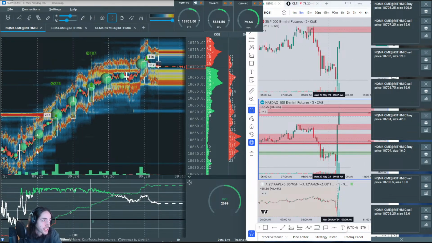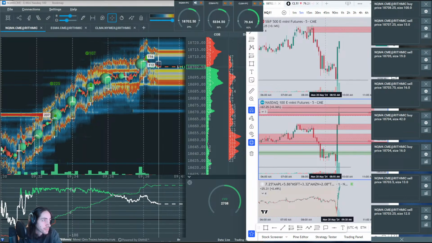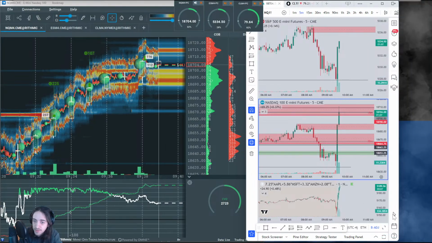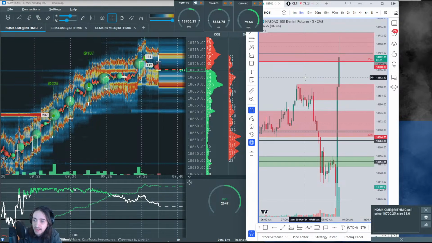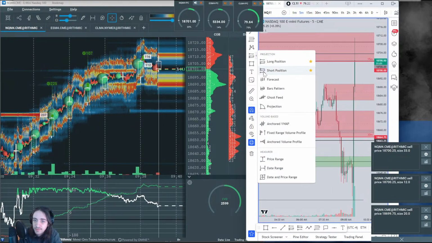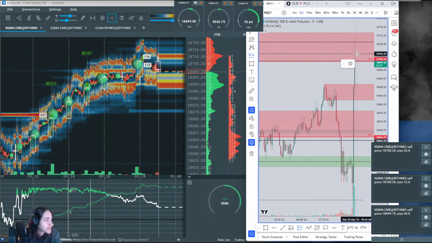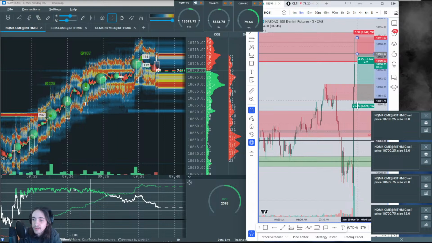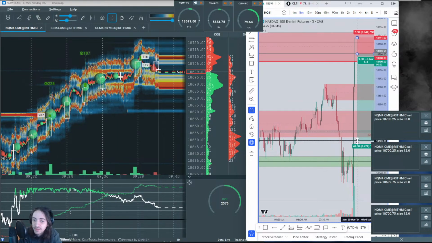So again, I'm just going to take it really light and just be really patient on this. Because buyers are obviously still active until proven otherwise. My entry point is this level, stop right up here, target somewhere like inside this liquidity.